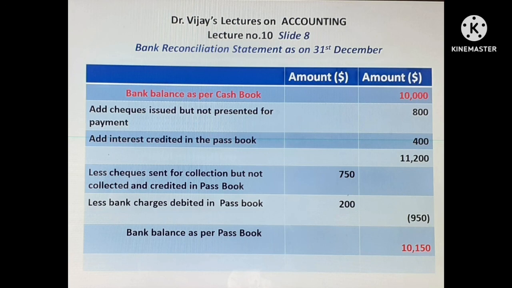Now, two costs of difference are subtracted. Check sent for collection, $750, and bank charges, $200. Total to be subtracted, 950. Then what comes is 10,150. Bank balance as per passbook on 31st December is 10,150.